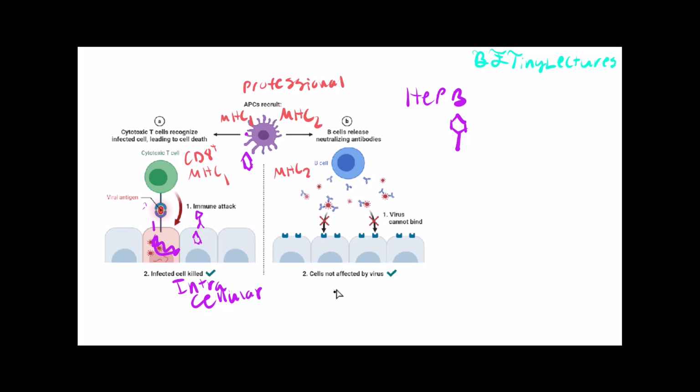On the extracellular response, that is outside of the cell, the virus is just floating around, waiting to bind to the surface of a cell. Again, we will take the same antigen, and instead of presenting it to the major histocompatibility 1 complex, we're going to present it to the major histocompatibility 2 complex.